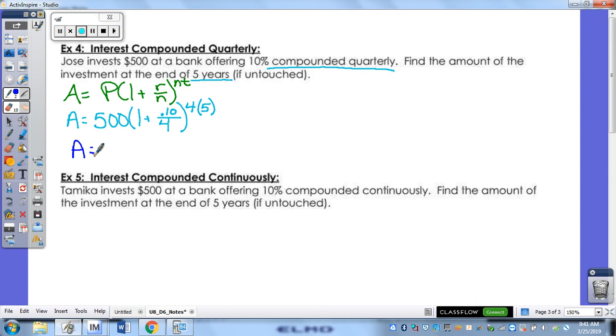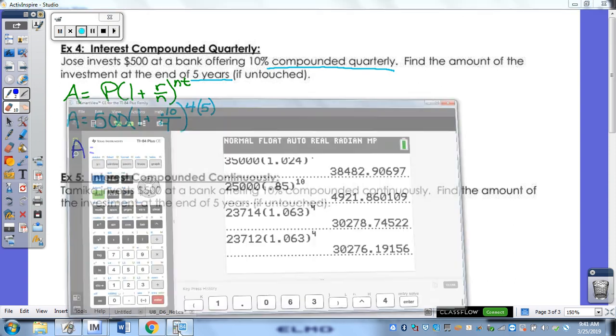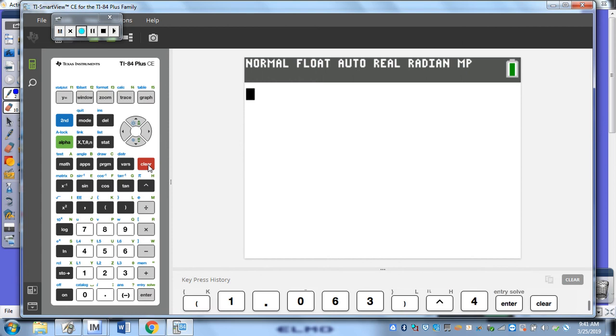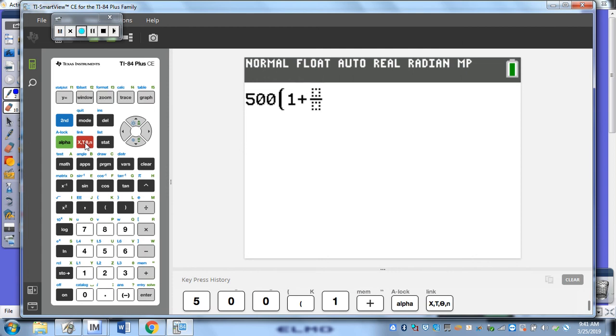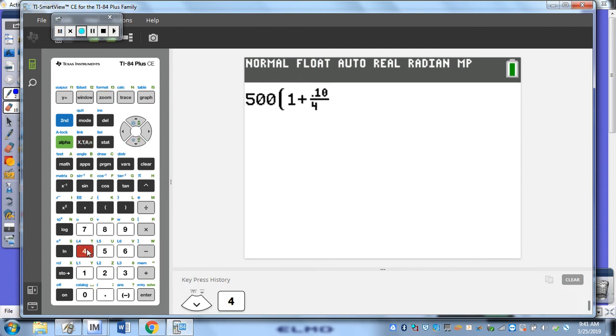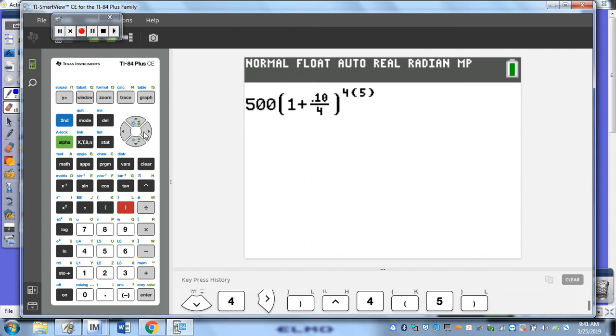All right, let's type that into our calculator. So 500 times 1 plus 0.10 over 4 to the 4 times 5 power.